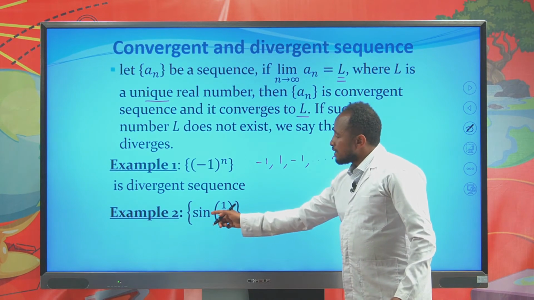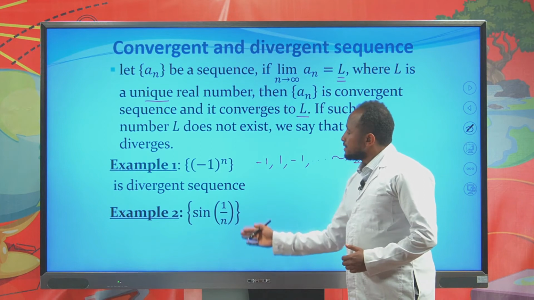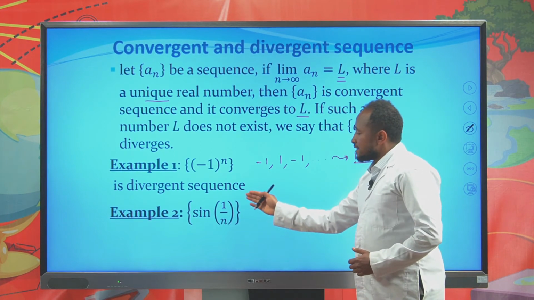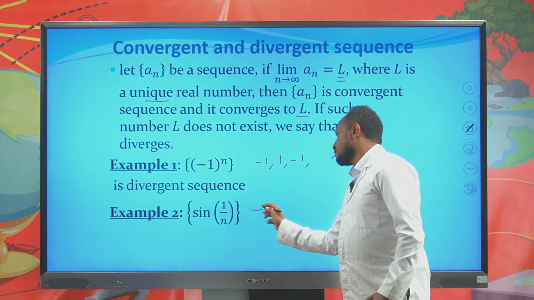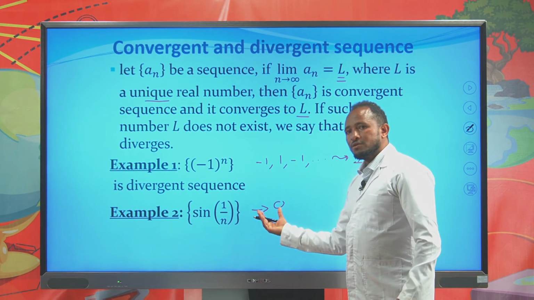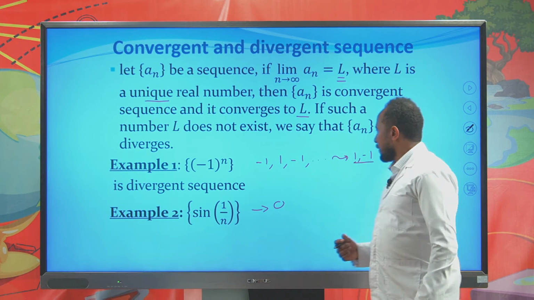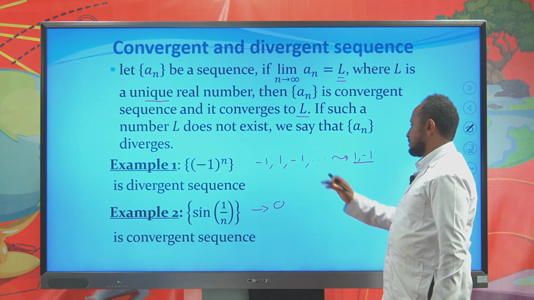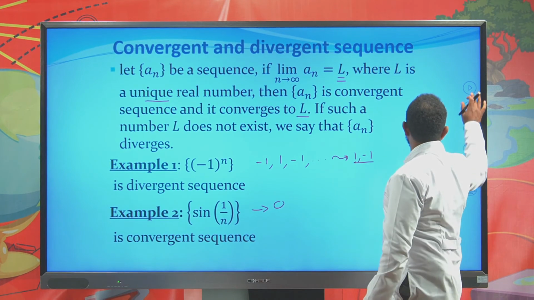So sine 0 goes to 0. So the limit of this sequence as n goes to infinity is 0. Because it goes to a unique number, this sequence is a convergent sequence. So sine 1 over n is a convergent sequence.